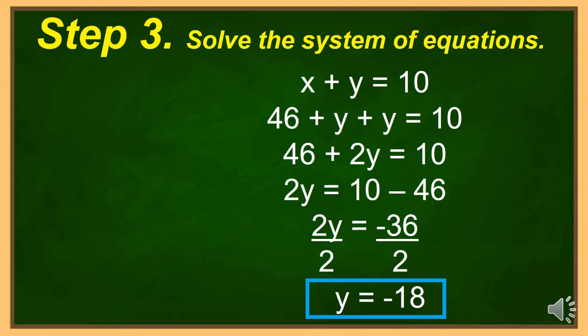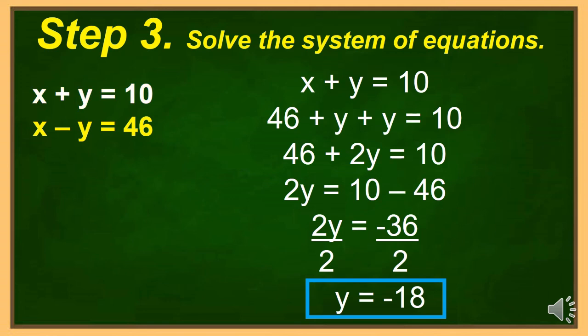We will now find the value of x. The value of x will be found by substituting the obtained value of y, which is negative 18, into our first equation. Recall, our first equation is x plus y equals 10.